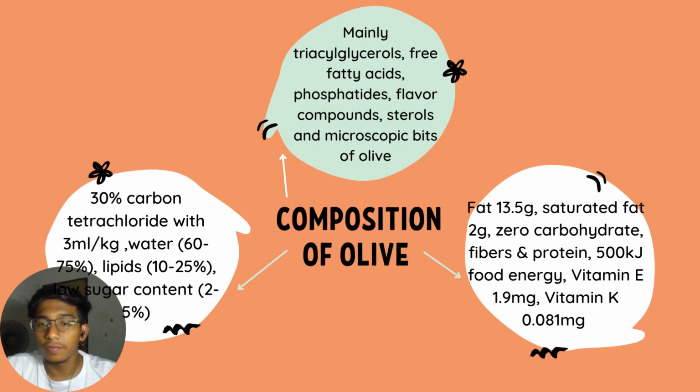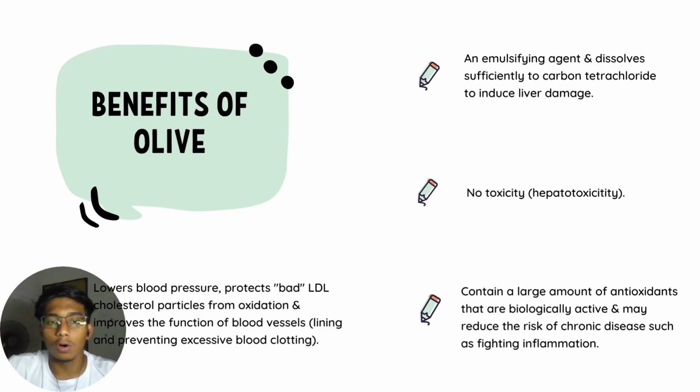Fat, saturated fat, zero carbohydrate, fibers and protein, 500 kilojoule food energy, vitamin E and vitamin K. Benefit of olive: an emulsifying agent, with no toxicity. It contains a large amount of antioxidants that are biologically active and may reduce the risk of chronic disease such as fatty inflammation. It can also lower blood pressure.